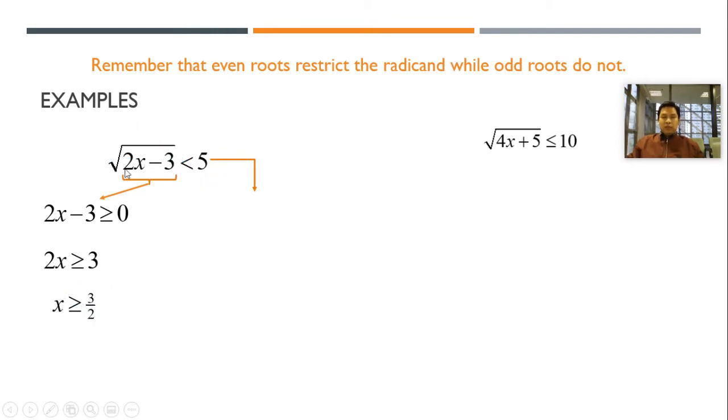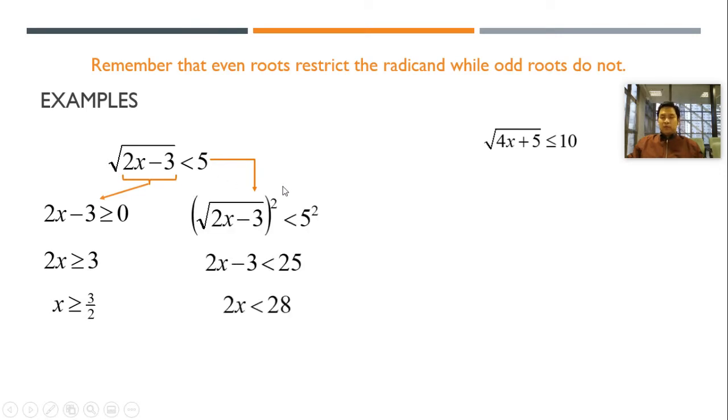But our whole inequality refers to this, not only this part. So we still have to solve this one by doing the same thing we did with equations. We get rid of the square root, square both sides, and then solve for the value of x. This solves the inequality, but we have to keep this in mind.